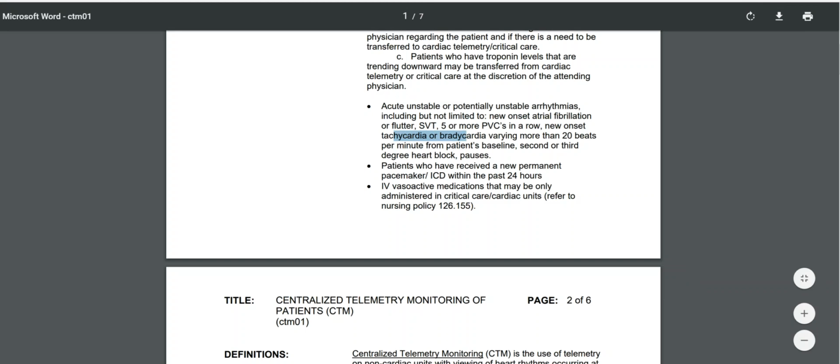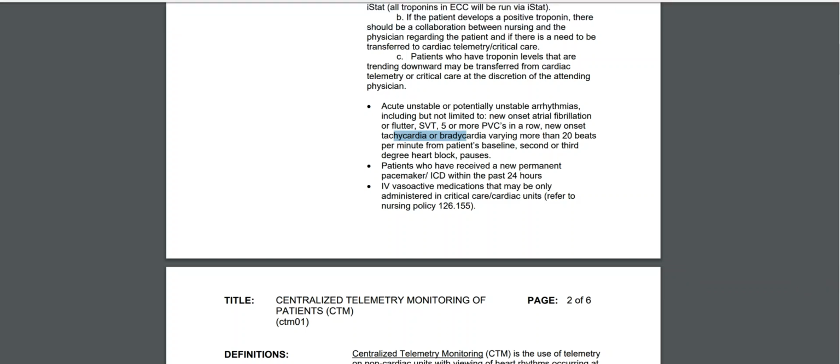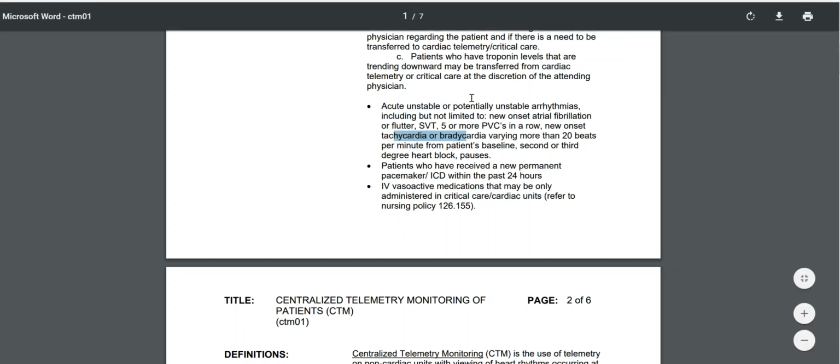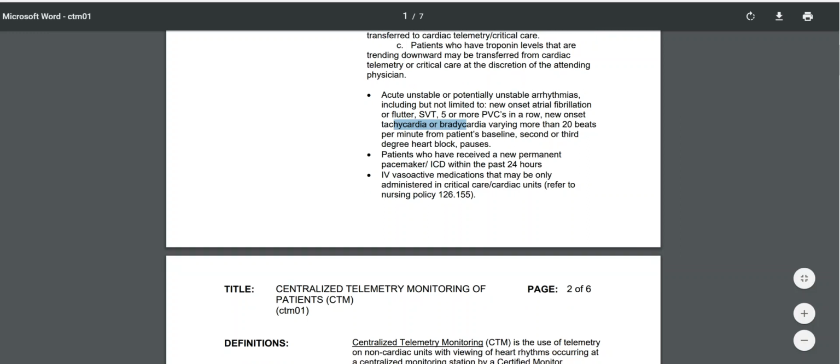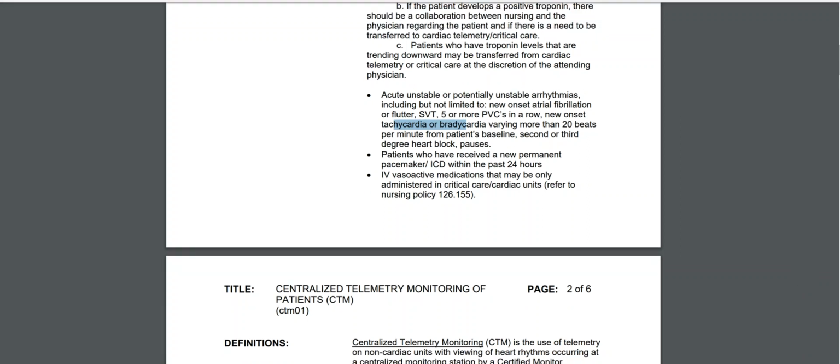Now, I'm not asking that you know how to interpret or identify what they look like now, but you should be able to identify the terms if they have been described to you by the person looking at and interpreting the centralized telemetry strip.